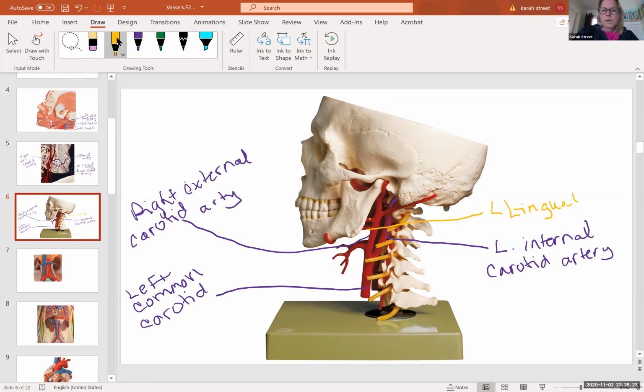And then this one is the left facial. And again, it goes underneath the mandible for a while before it peeks back out. So all of that would be the left facial, even here. And then we're seeing a little bit of that maxillary. So again, put maxillary artery back on your list. Left maxillary.